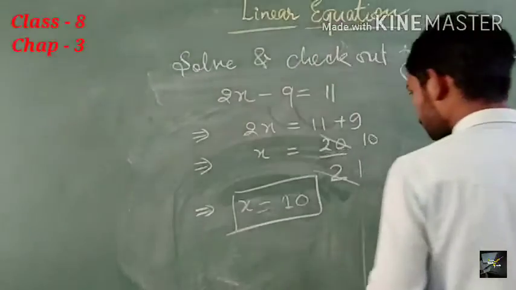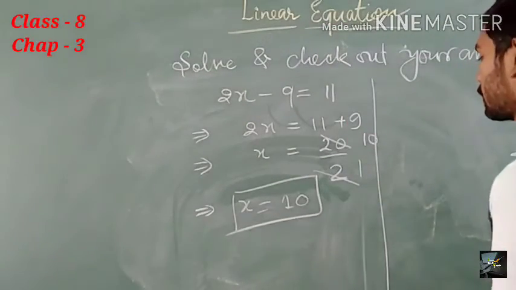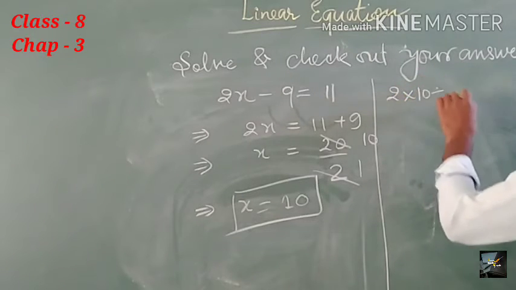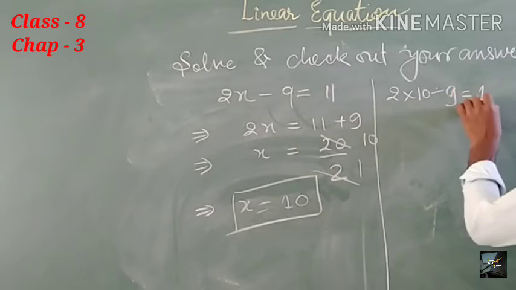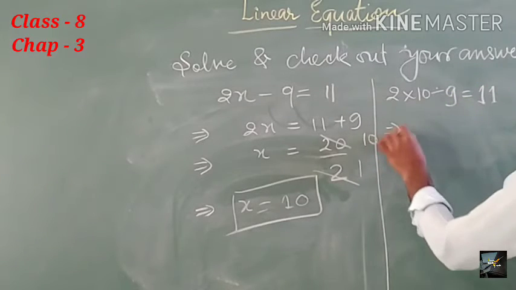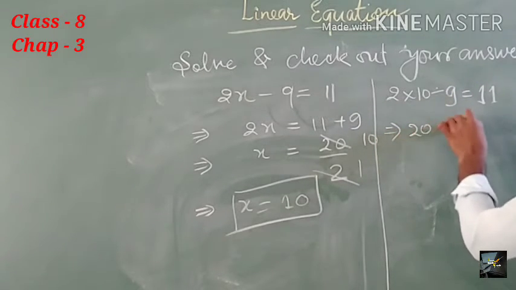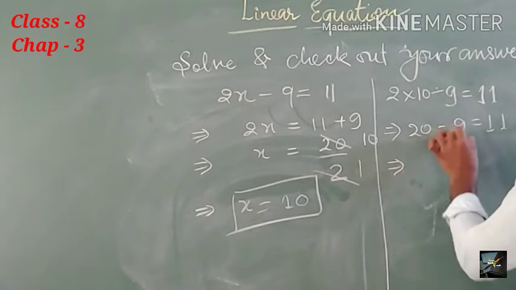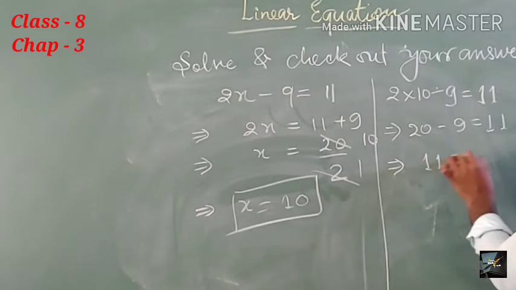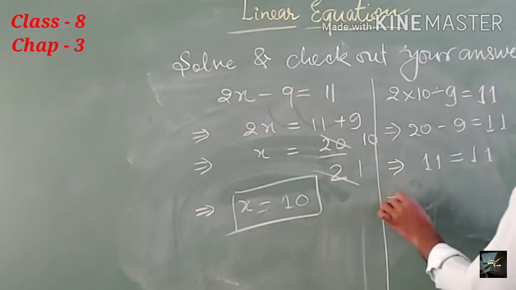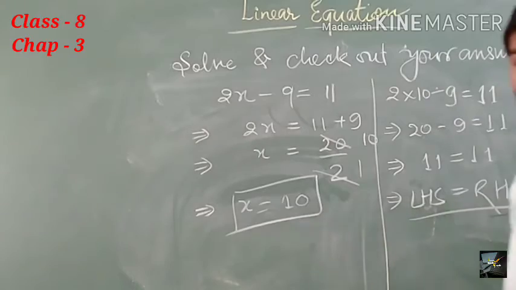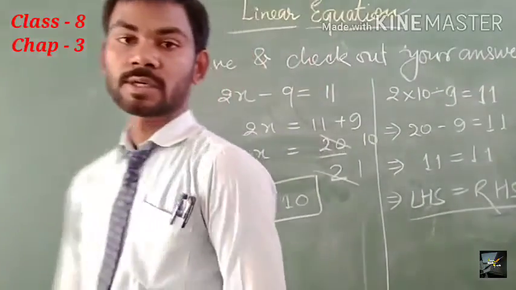So here we write 2 multiplied by 10 minus 9 equal to 11. This implies 20 minus 9 equal to 11. Here we get 20 minus 9, 11, which is equal to 11. This implies left hand side equal to right hand side, which proves that our solution is correct.